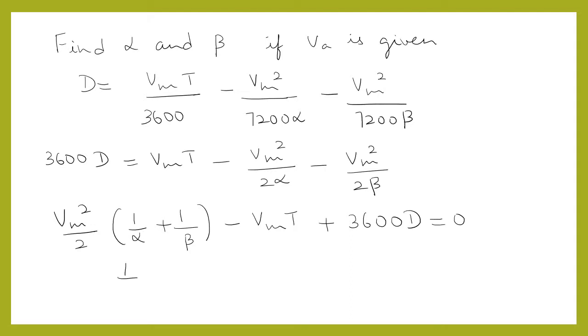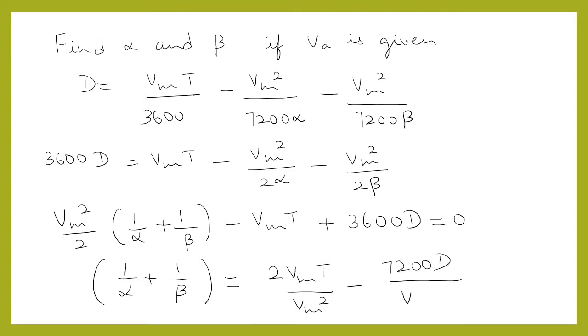Or we have 1 by alpha plus 1 by beta equal to 2 Vmt by Vm square minus 7200D by Vm square.